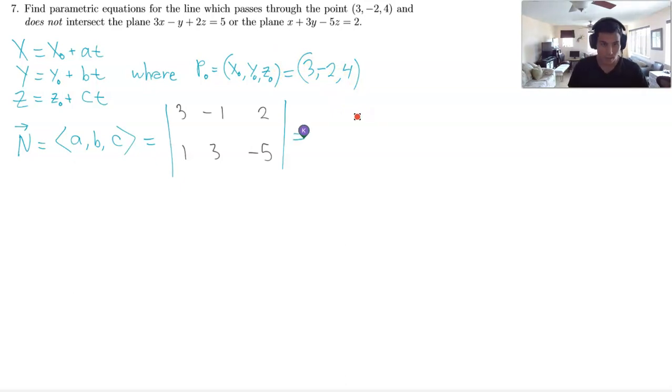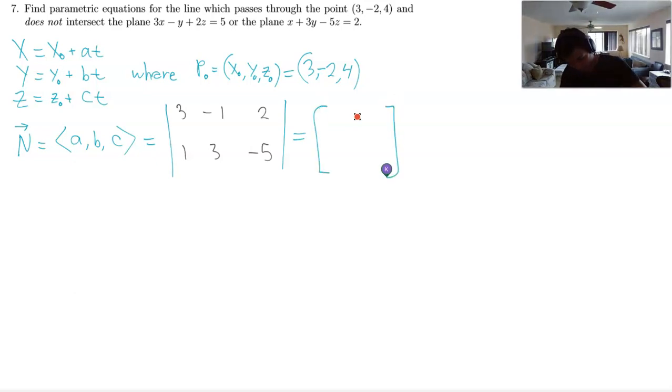And you take their cross product, and let's write it like this. We get -1 times -5, which is 5. Then we get 3 times -5, which is -15, minus 2 times 1, which is 2. One second, I realized my mistake.